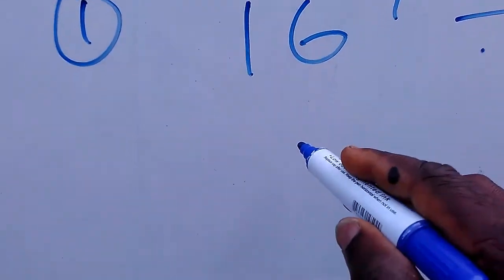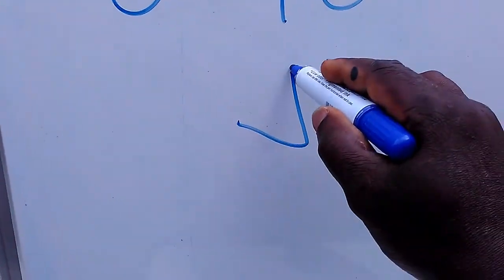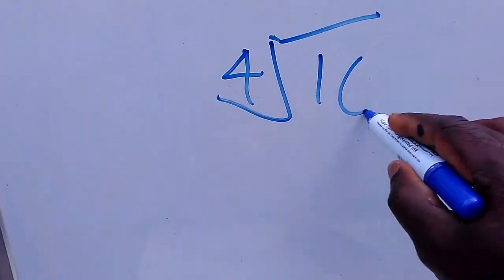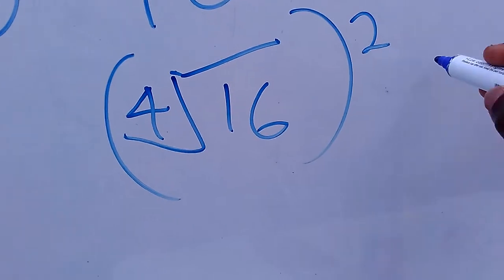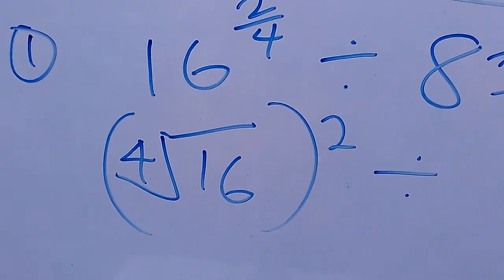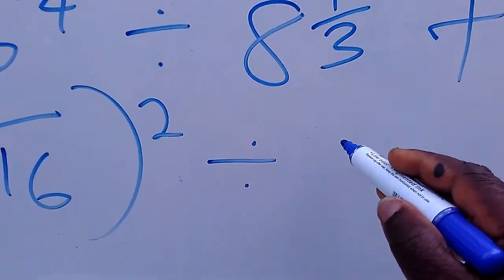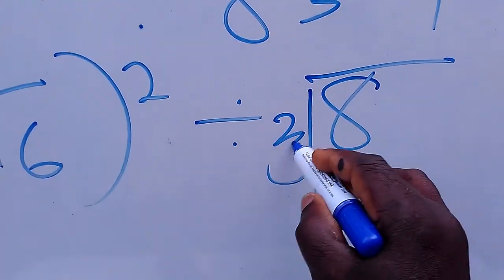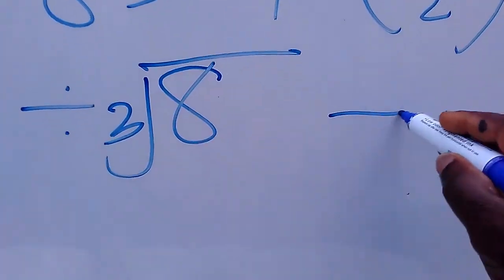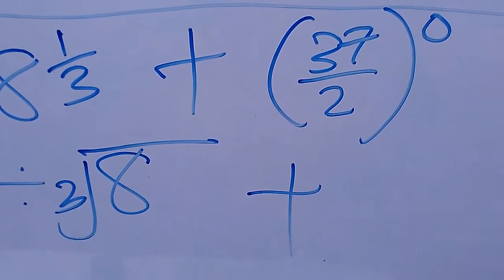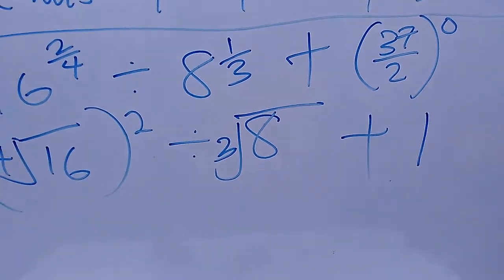Here we apply the sixth law of indices. Here we also apply the sixth law of indices. Here, like I said earlier, anything raised to the power 0 is 1. That is the fourth law of indices.